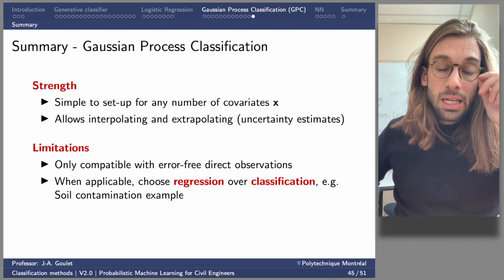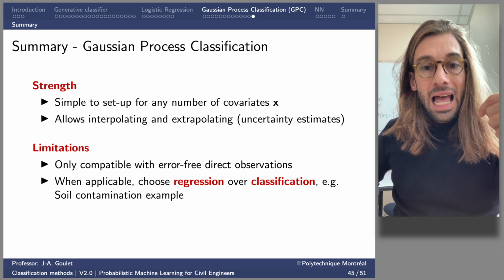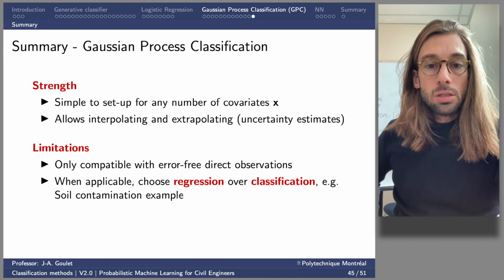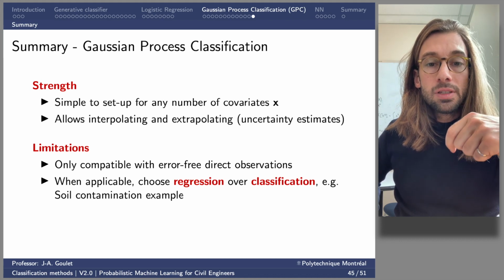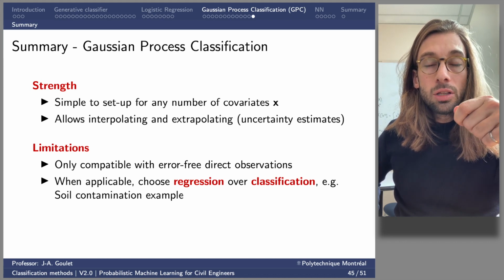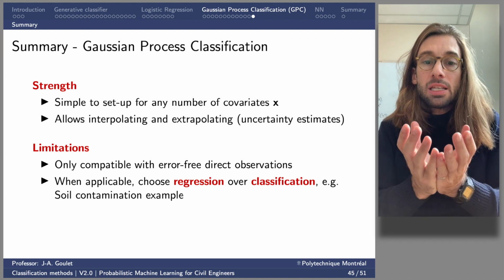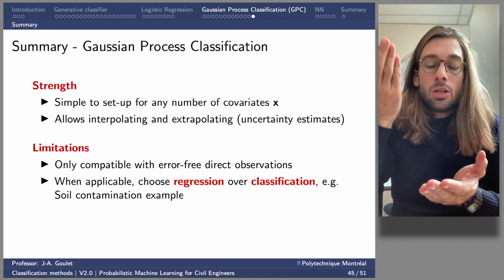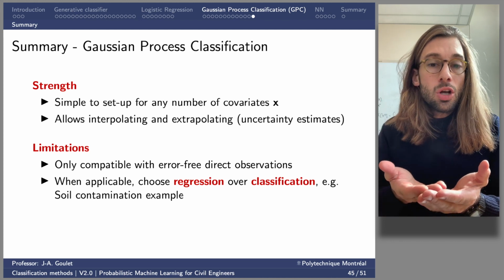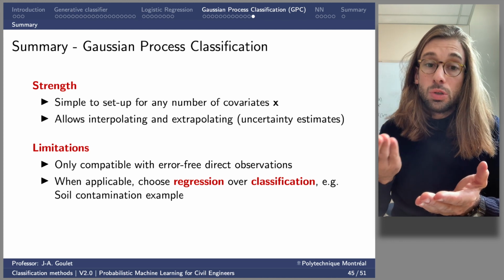But the issue with this is that the class observations are not as informative as the contaminant concentration observation. Why? Because when we have a class, you only know if it's contaminated or not contaminated. You don't know if you're far or close to the limit.